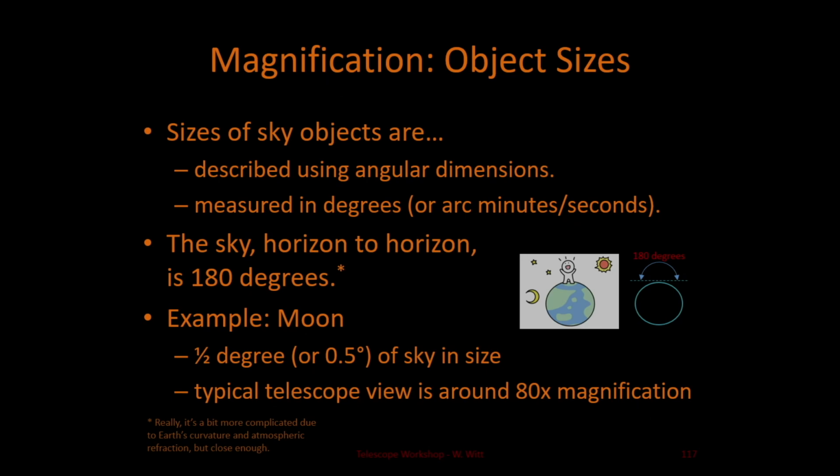So when you're looking up at the full moon, that is roughly 1/2 of 1 degree of the 180 degrees on the horizon. And the typical telescope view is around 80x magnification, which will affect what angular size you are able to see through your eyepiece.